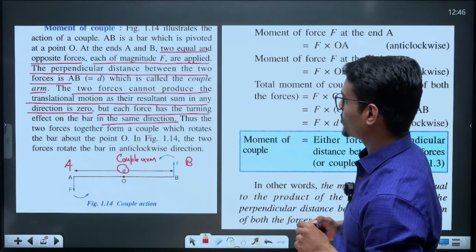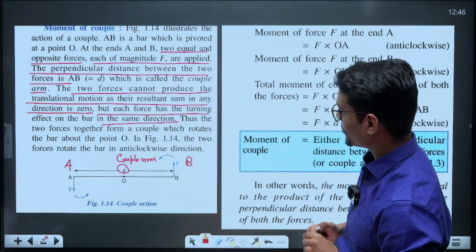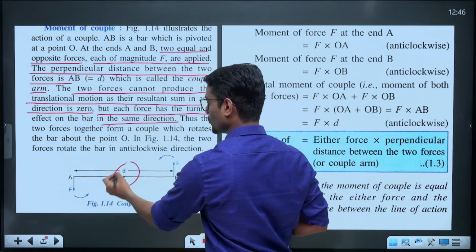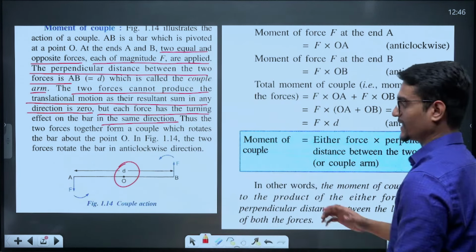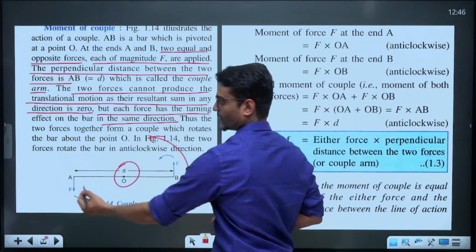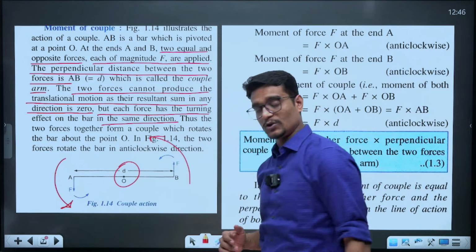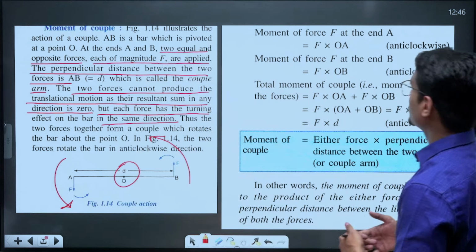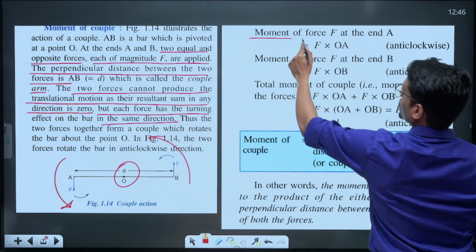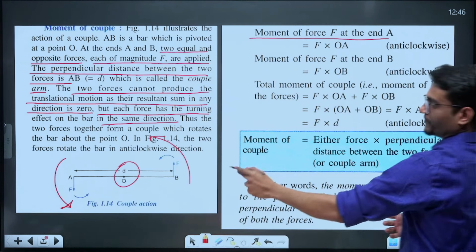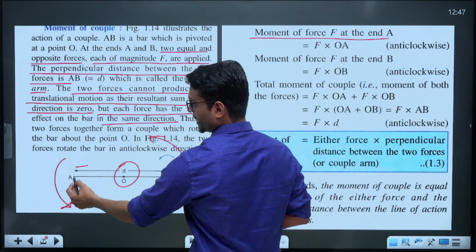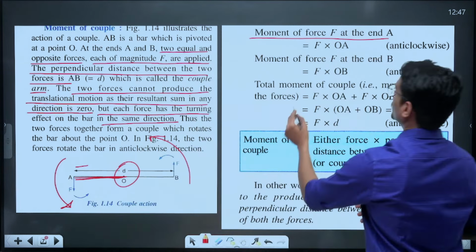Thus, two forces together form a couple which rotates the bar about point O. Yes, there is a motion about point O, right, in anti-clockwise direction. Even this force is also producing the anti-clockwise motion. Okay, so moment of force F at point A is F into this distance AO.